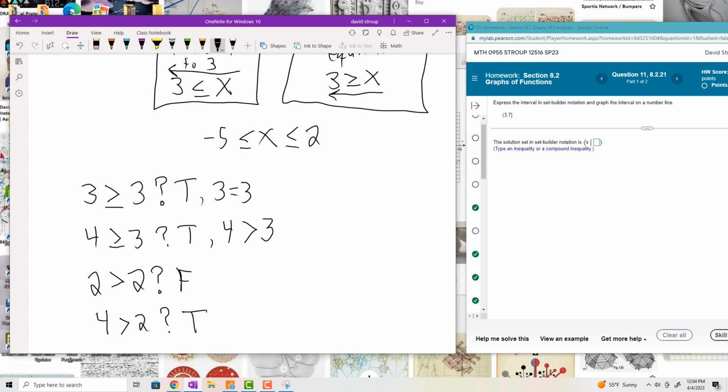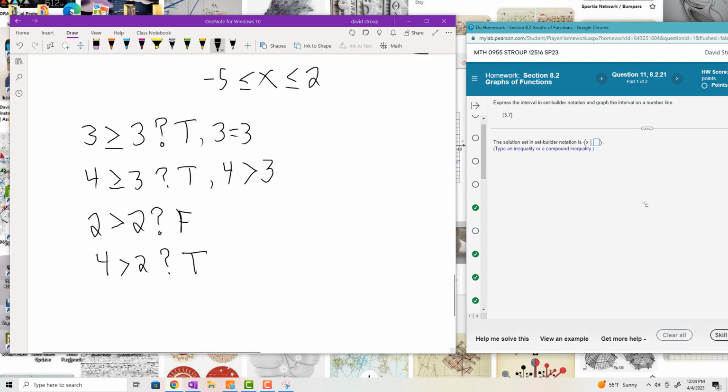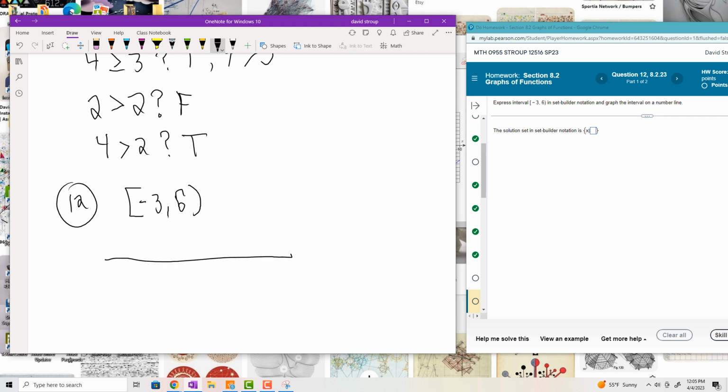Okay, so let's get back to the story at hand here, and let's try number 12, and maybe it'll make a little more sense now. Okay, so 12, you have the interval from -3 to 6, including -3, but not including 6. So on our number line, here's -3, here's 6, and then this means all numbers in between -3 and 6.